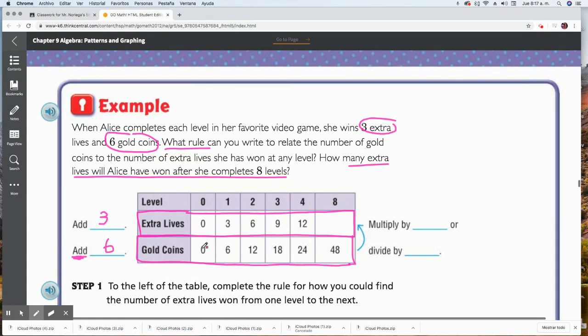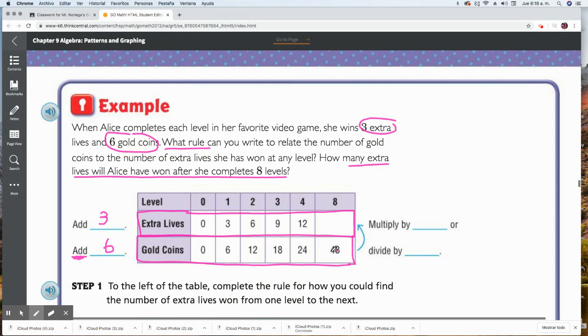So 0 plus 6 equals 6. 6 plus 6 equals 12. 12 plus 6 equals 18. 18 plus 6 equals 24. And 24 plus 6 equals... no, we do not add a 6 to 24 to equal 48, because 6 plus 24, what's the answer? 30, right?